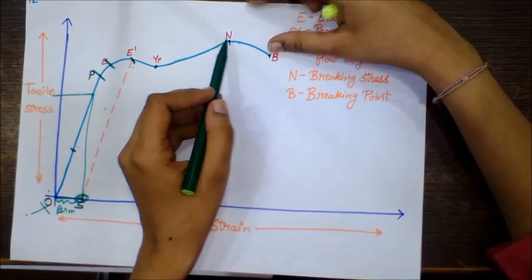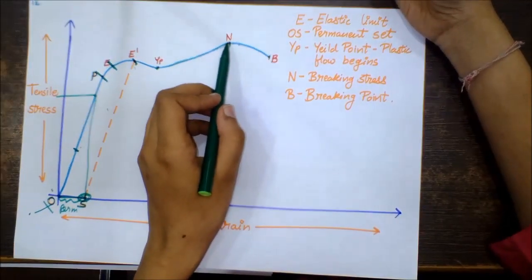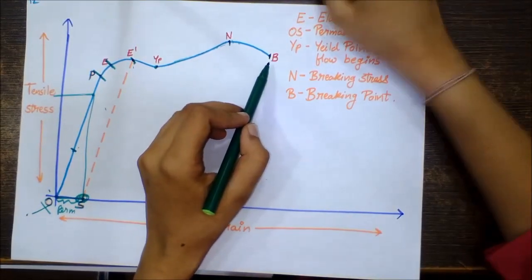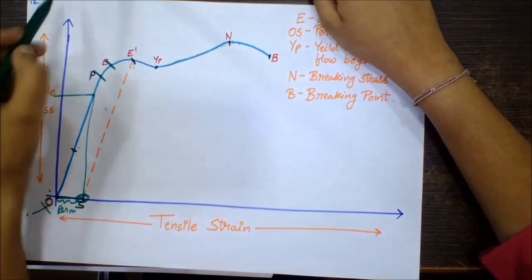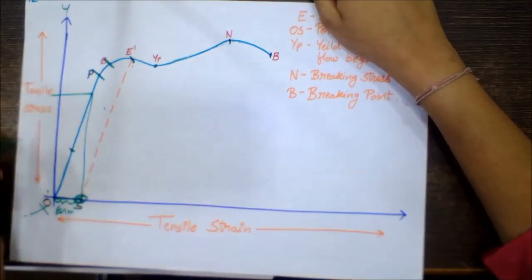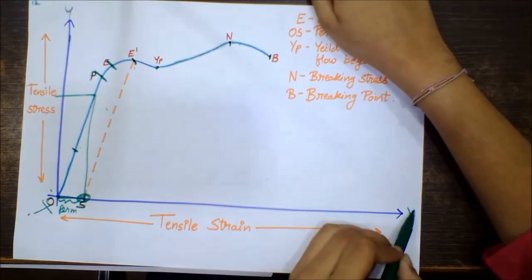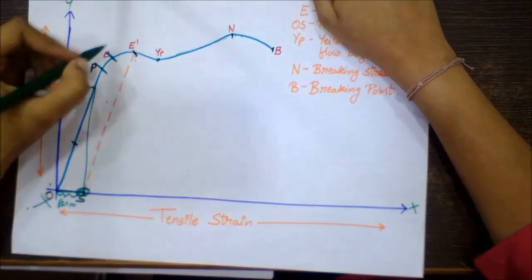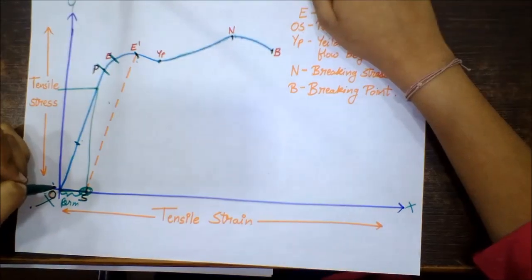Over here, even if you remove the weights, nothing will happen. It will eventually break. At which point? B, that is the breaking point. On my y-axis, I have tensile stress. On my x-axis, I have tensile strain. So, till point E, it will be within the elastic limit.